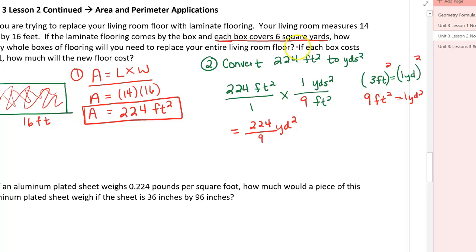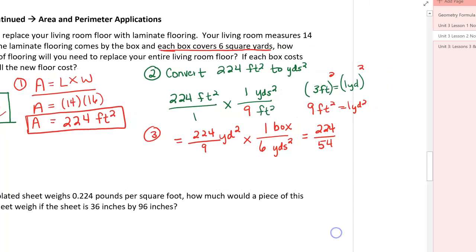Now, to figure out how many boxes, we're going to use another string, and we'll have 6 square yards on the bottom and 1 box on top. Now we're going to have 224 times 1 on the top, 9 times 6, which is 54 on the bottom.